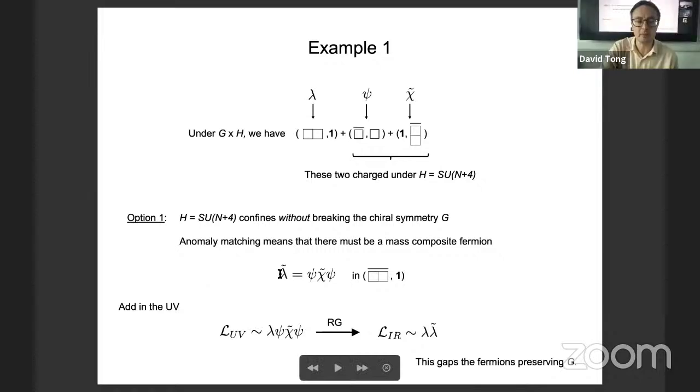The reason it's natural is, I think, really its simplicity. This is the simplest gauge invariant object you can write down. And there's a U(1) as well, which has a 't Hooft anomaly, which I've neglected to mention here. It turns out that the simplest confined object you can write down has the right quantum numbers under the SU(N) global symmetry and the U(1) global symmetry to saturate all the 't Hooft anomalies.